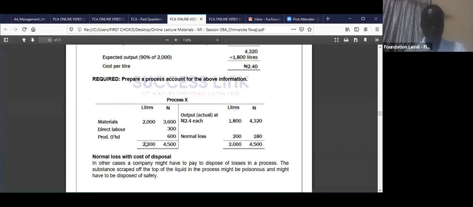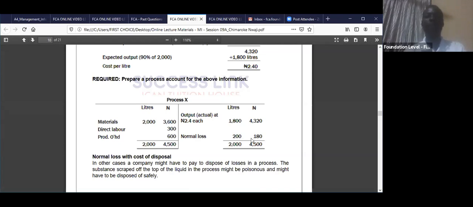All right, let's see the process account, how it is being done. Like we did before, all our 2,000 units are here. The total cost is here. But now let's go to the output. I will suggest that when you are doing this, do this first, the left-hand side, bring this figure and this figure down here. Then do the normal loss first, this side. How many was the normal loss? 200. How many was the value? 180 naira.